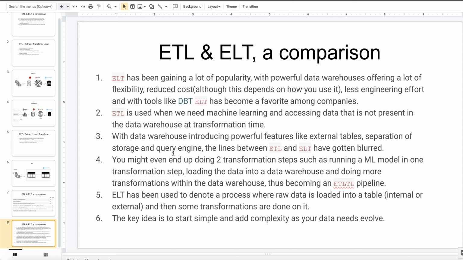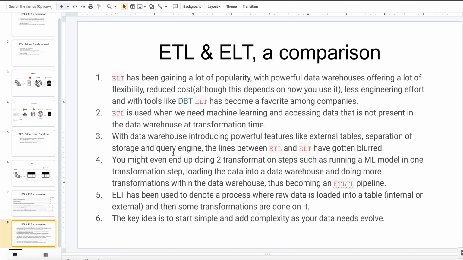Let's say you have a data pipeline in which you have to run a machine learning model and then join the result set with data present in your data warehouse. So you will extract data from your data source. You will run a machine learning model, let's say in a simple Python script, and fill up some, let's say, feature columns.